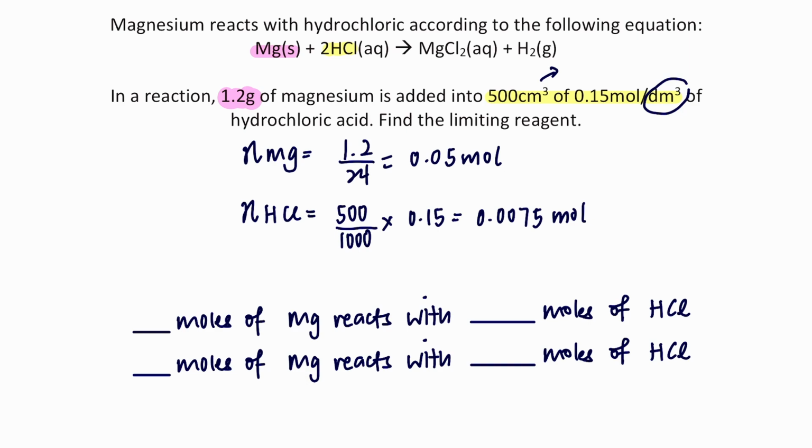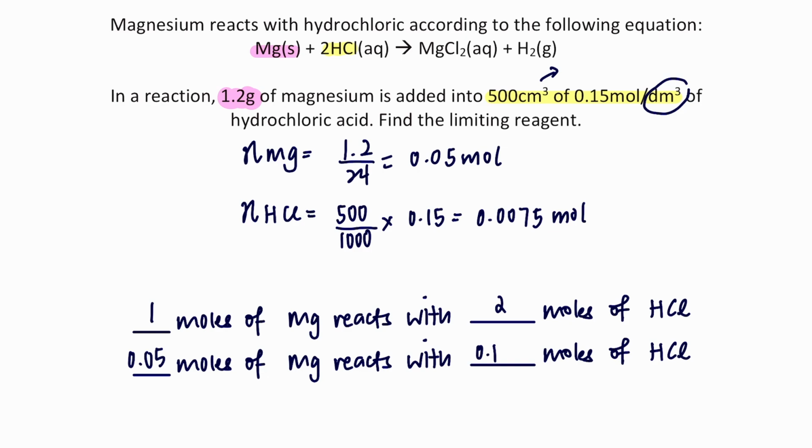According to the question, 1 mole of magnesium will react with 2 moles of HCl. So you're going to write it down: 1 mole of magnesium will react with 2 moles of HCl. If I put in 0.05 moles of magnesium, I will need 0.1 mole of HCl.